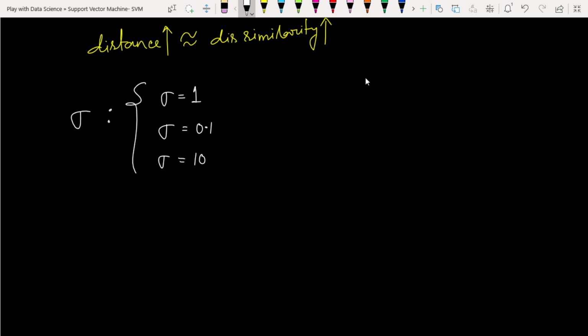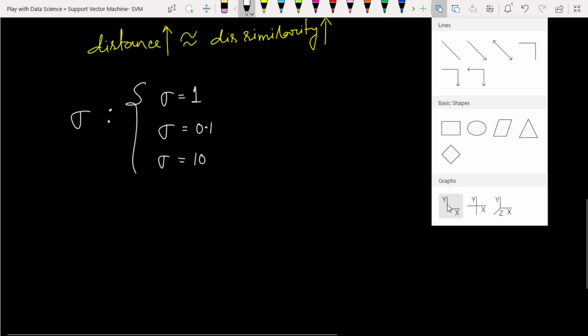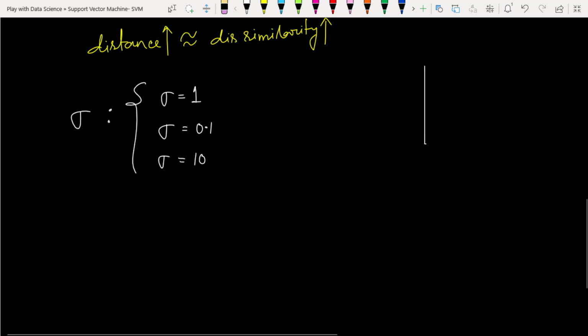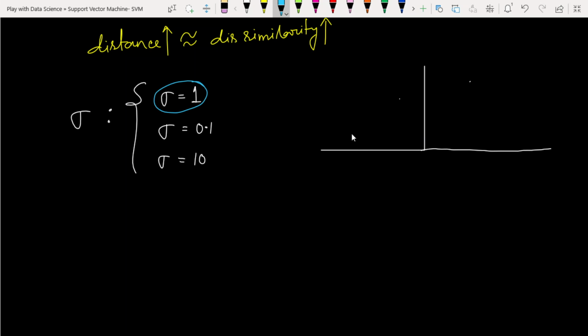Let's redraw our picture for lambda equal to 1. This is our 1, and here we have plus 4 and minus 4.